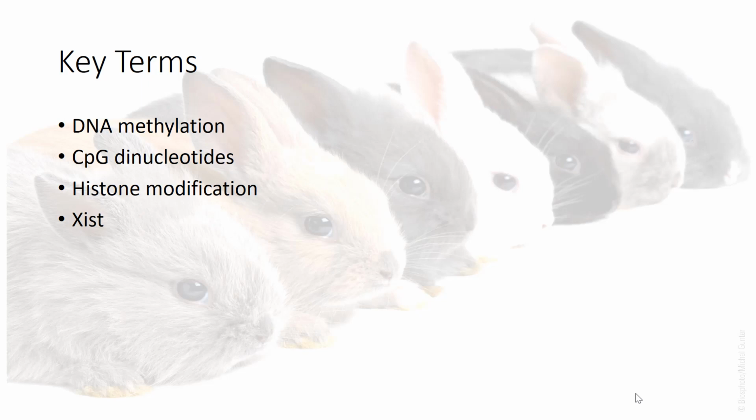All right, so we've talked many times about the dosage issue that you have in mammals, where females have 2 X chromosomes and males only have 1, and so one of those X chromosomes needs to be deactivated. And so the way that works is there's a gene called the XIST gene that codes for an RNA that does not get translated.